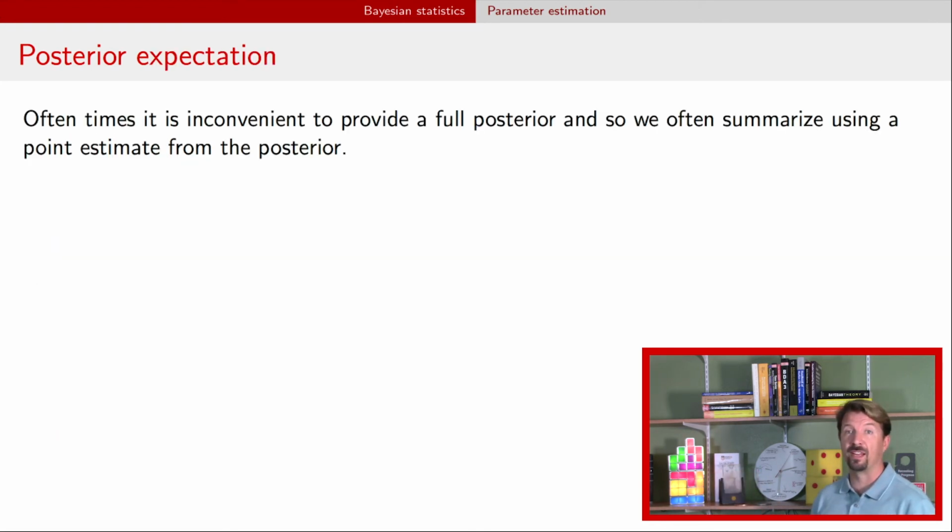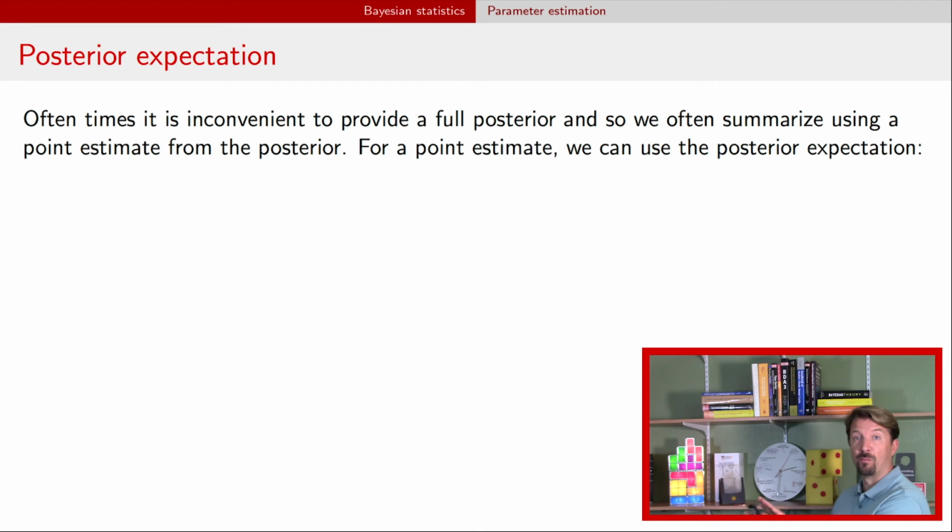Now, oftentimes it's inconvenient to hand somebody that whole density, and so we might want to summarize it in a more succinct format. One way, if you're only given one number, is to provide an estimator of that posterior, or a point estimate from that posterior. What we'll typically use in this class is the posterior expectation. I'm going to refer to that, for the purpose of these videos in this class, as the Bayes estimator.